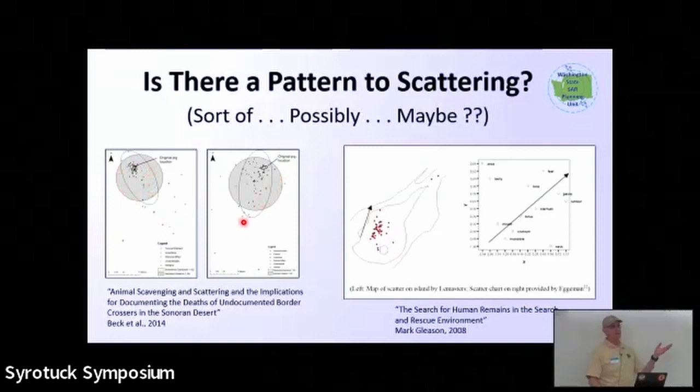Again, I think the N was like 2, 3, or 4 different cases here, okay? In, I think, a review paper, Gleason also showed some data which you could possibly interpret as maybe a linear pattern, but my conclusion was we didn't have enough data to make a conclusion, okay?